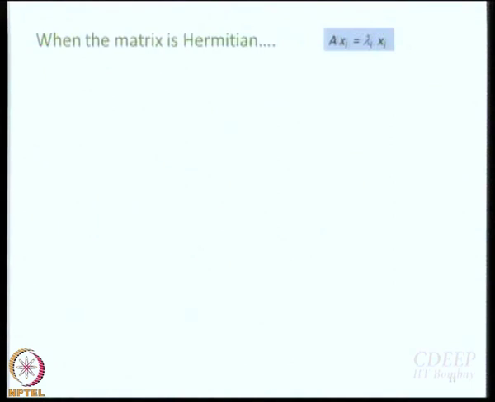Now let us repeat something that we discussed briefly, but there are other aspects that we are going to bring up today. What happens when you have a matrix that is Hermitian? And now I think we understand this equation, we understand what is the meaning of I, right. What is the definition of a Hermitian matrix?